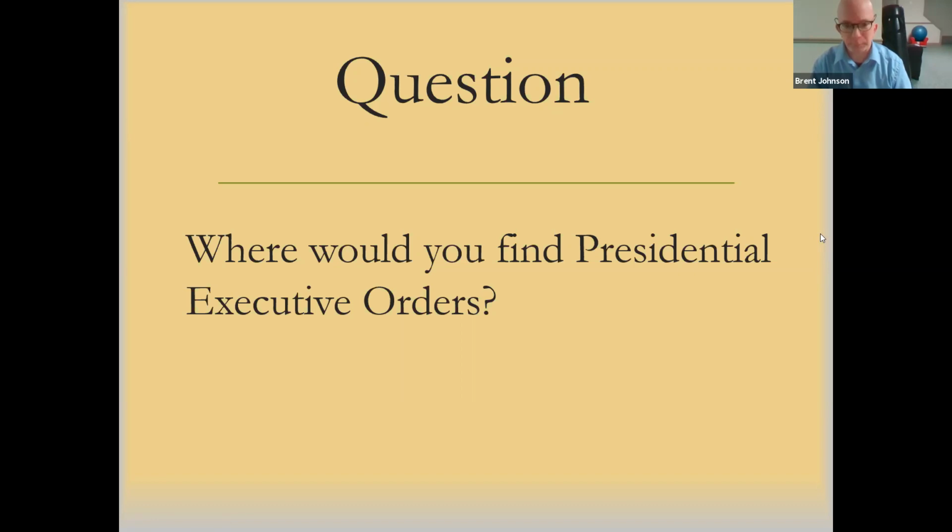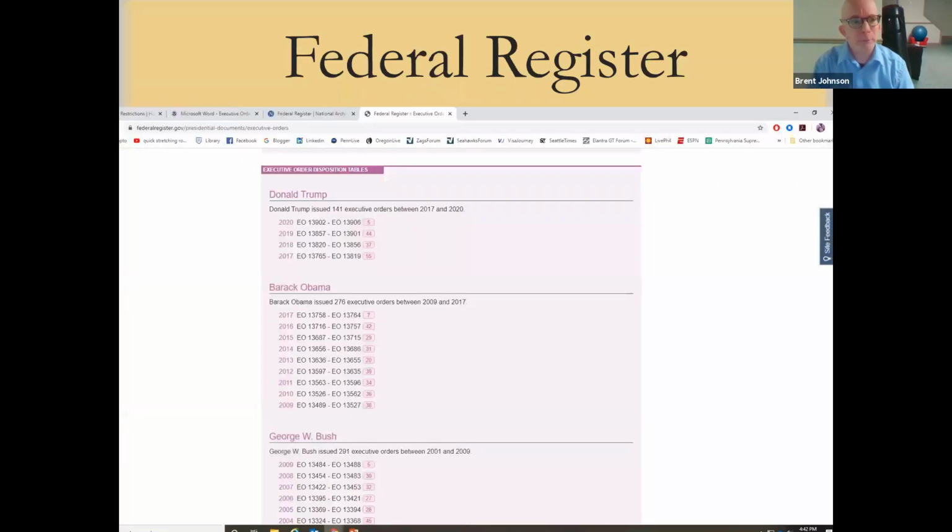Any other places? Lacey. The Federal Register's website. Yeah, because executive orders are required by law to appear in the Federal Register as an initial stopping point. So, screenshot of federalregister.gov: there's a page dedicated to executive orders.